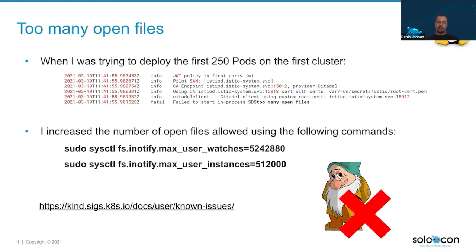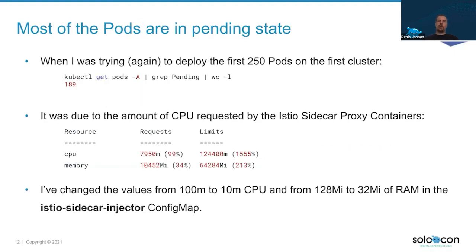So next one, again trying to deploy these 250 pods. After a while, I was still having 199 pending. So I deployed only 60 something, and all the other ones were staying in pending state.